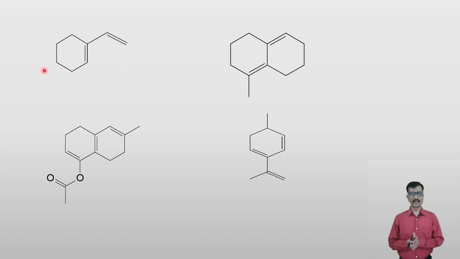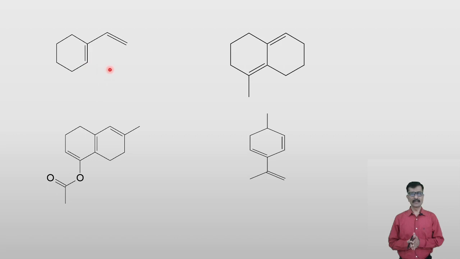Again, this ring system has only one cyclic structure, and one double bond is in the cyclic structure, another double bond is out of the ring. So it is not a homoannular diene, it is a kind of heteroannular diene.